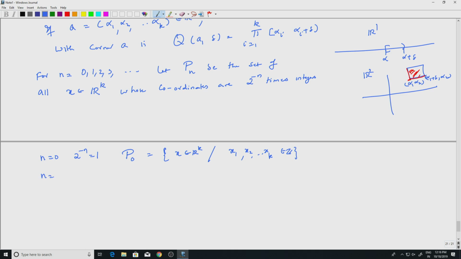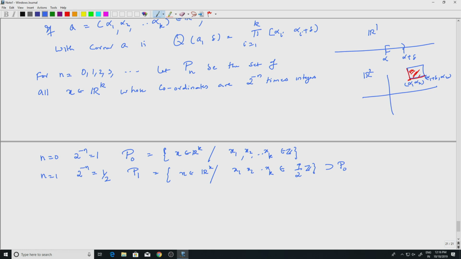For n equal to 1, 2 to the minus 1 is half. So, P_1 is all those points such that x_1, x_2, etc., x_k are in 1/2 times Z. So, in particular this will contain P_0.